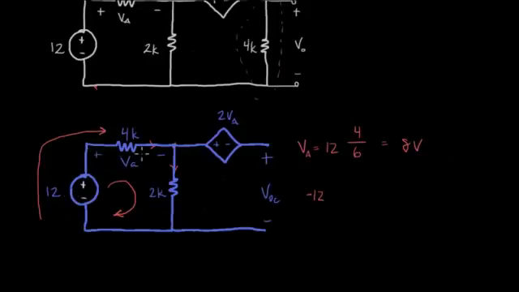Then we go through the positive VA. We now know that VA is 8 volts, so plus 8 volts. Then we go through the positive terminal of this source, and that's 2 times VA, 16. And then finally we go through the positive terminal of VOC. That equals 0. And so we get 12 over here minus 24, and so VOC equals minus 12 volts.